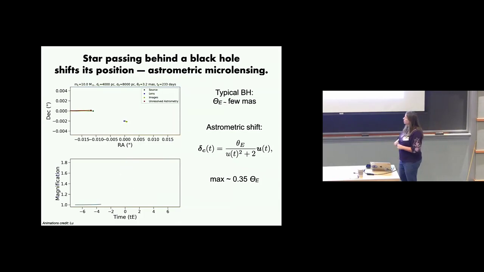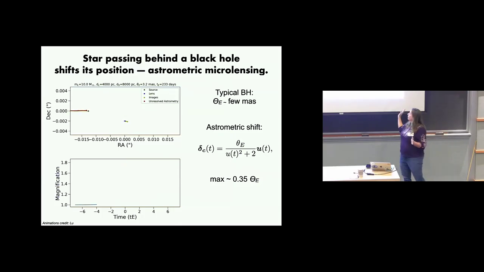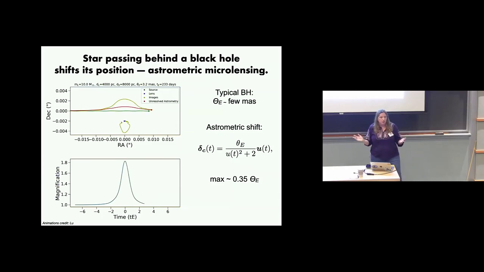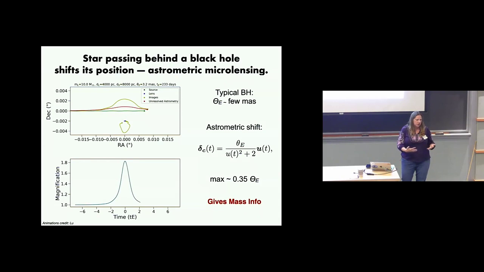The amount of that deviation is given by this quantity, this delta C, and it's proportional to the Einstein radius and nothing else, which is nice. It is fundamentally encoding that mass and the relative distances. And that's what we need to get our mass information. So if we can measure that astrometric signal, that small perturbation, we can actually constrain the lens mass.